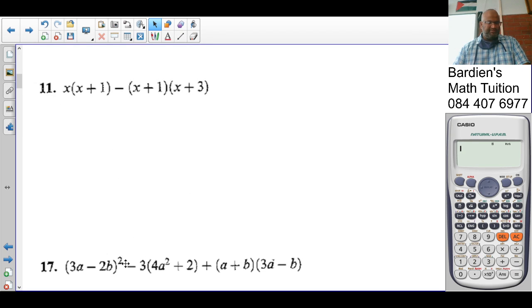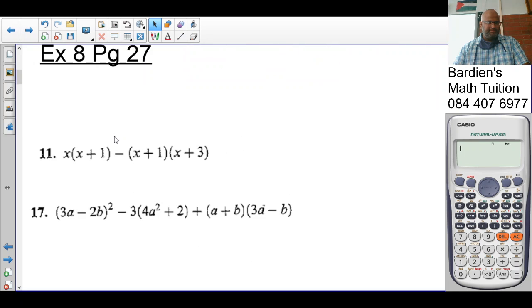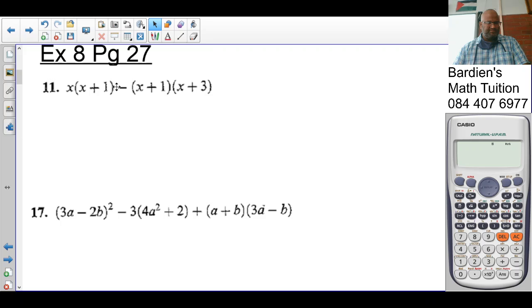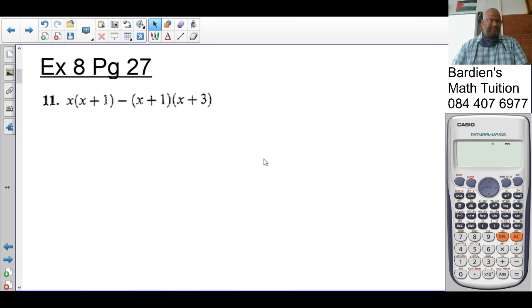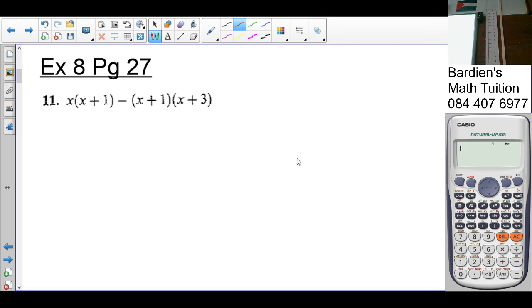Number 11. So in number 11, how many terms are here? There are 2 terms. What separates terms is the positive and negative sign. So we must simplify our terms first. So we multiply the x by x, x squared. x by 1, x.